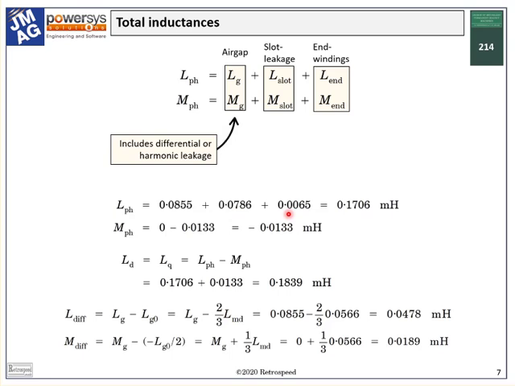Similar factors apply to the end winding component of the mutual inductance, but in addition to that, the physical spacing of conductors belonging to different phases is quite large, so the resulting value of MEND is really quite small, and here we're going to ignore it.